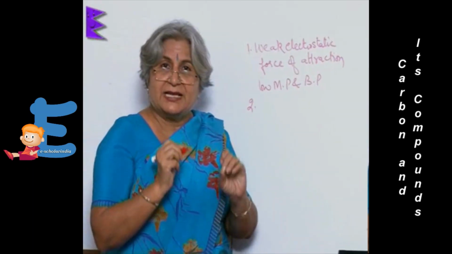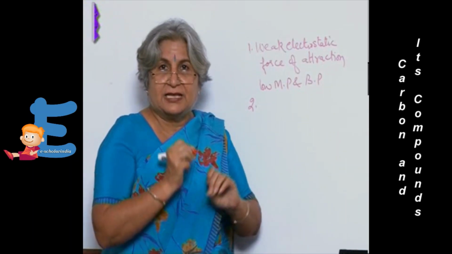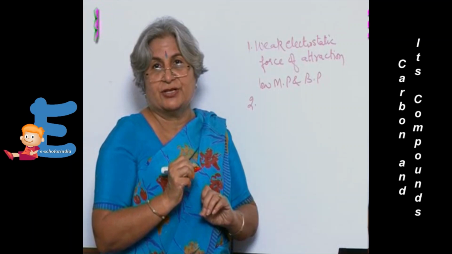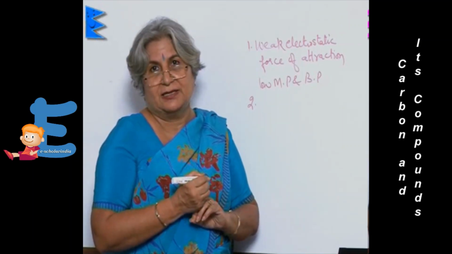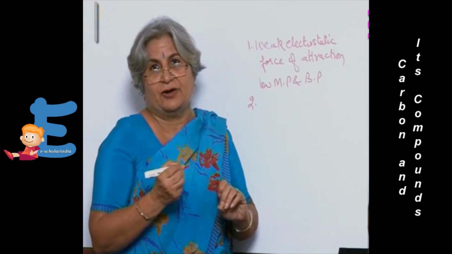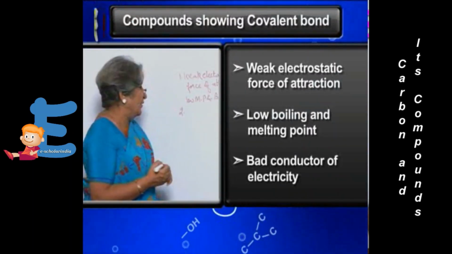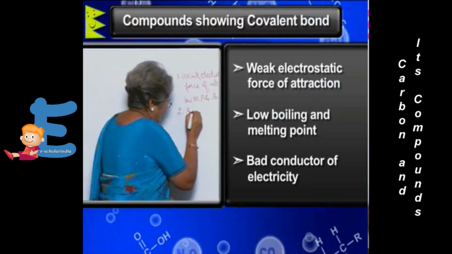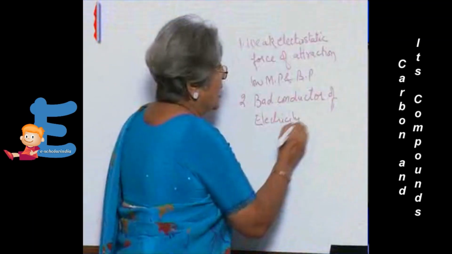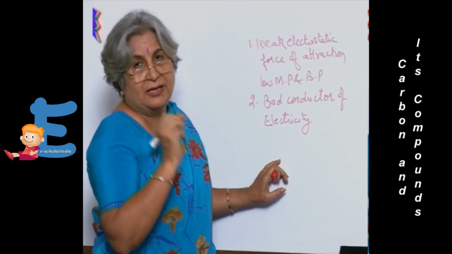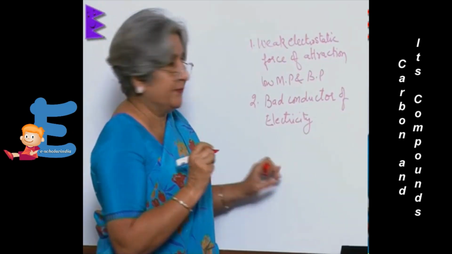Secondly, because there is sharing of electrons, there is no loss or gain of electrons, there is no formation of charged particles. There are no anions or cations. So what is the result? It is a bad conductor of electricity. In the case of ionic compounds, in their molten state or solution form, they are good conductors of electricity.